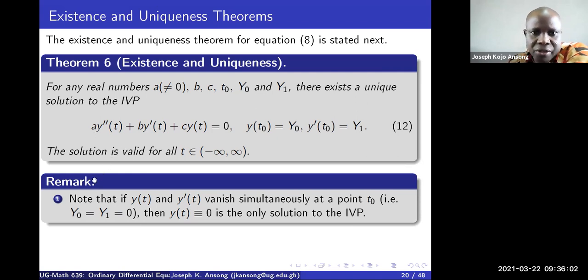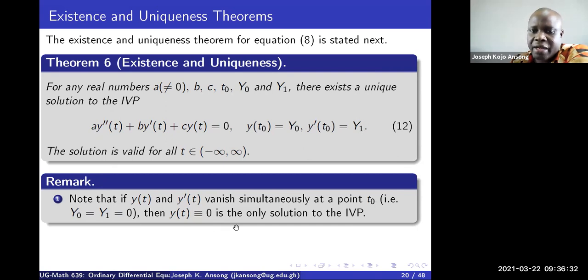Now, note that, and this is very important, if y of t and y prime vanish simultaneously at a point, let's say t naught, that is, at t naught, y naught is 0 and y1 is also 0, for the homogeneous equation, then the only solution to the homogeneous differential equation is the identically 0 solution.